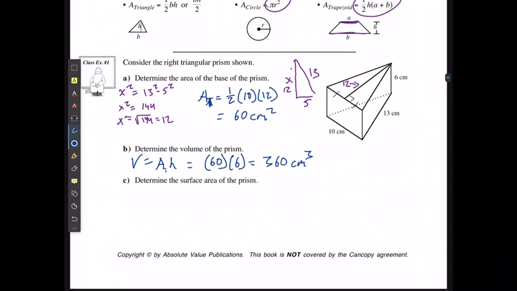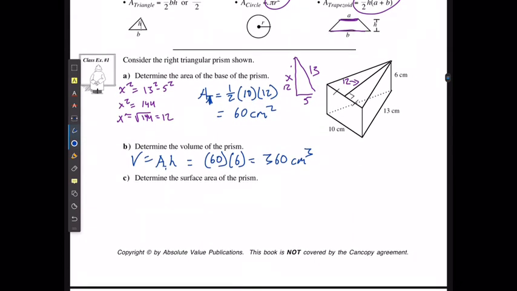If I'm determining the surface area, it gets a little bit more complex because I need to figure out what all the different faces are. Well, for the faces, I have the triangles that make up the top and the bottom.